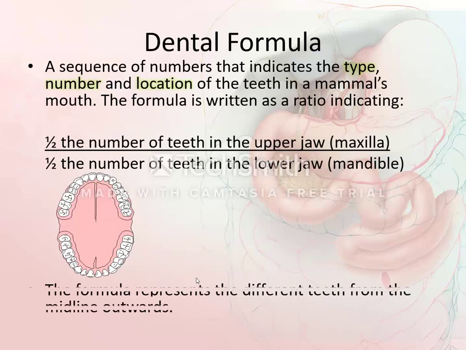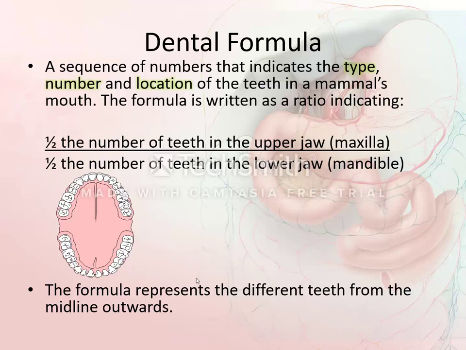Right, this is revision from grade 8, I think it was, where you spoke about the dental formula. So obviously the dental formula comes up in the fact that when we masticate our food, when we chew, we are chewing with teeth. Now, different animals have a different dental formula and have different combinations of types of teeth because of their specific type of diet.